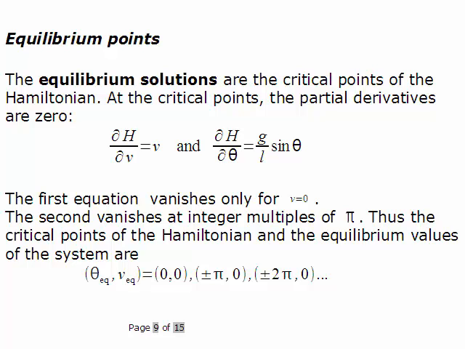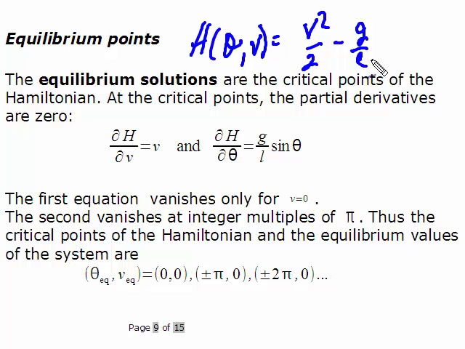So I need to look at the equilibrium points. Remember what the Hamiltonian was. If I take the partial with respect to v, it's just going to give me v. The partial with respect to theta gives me g over L times sine theta. I want both of these to be 0.